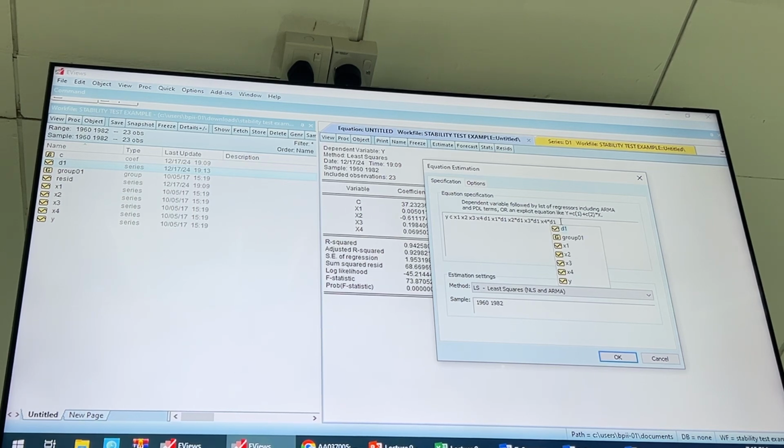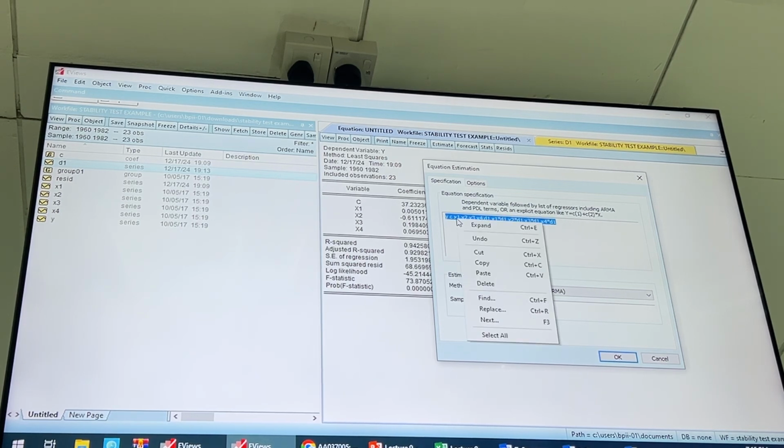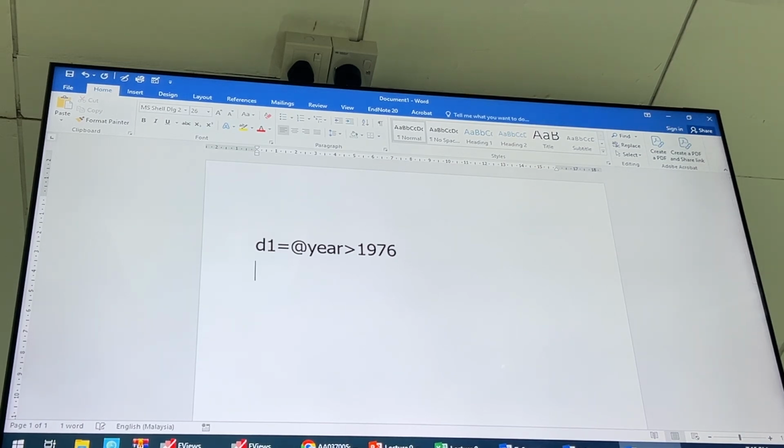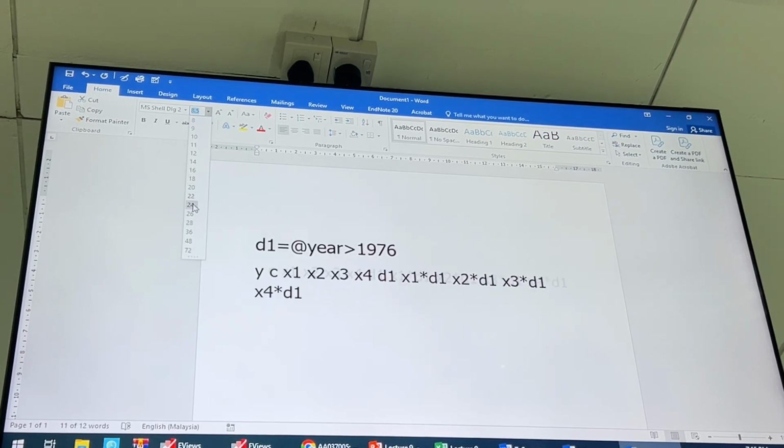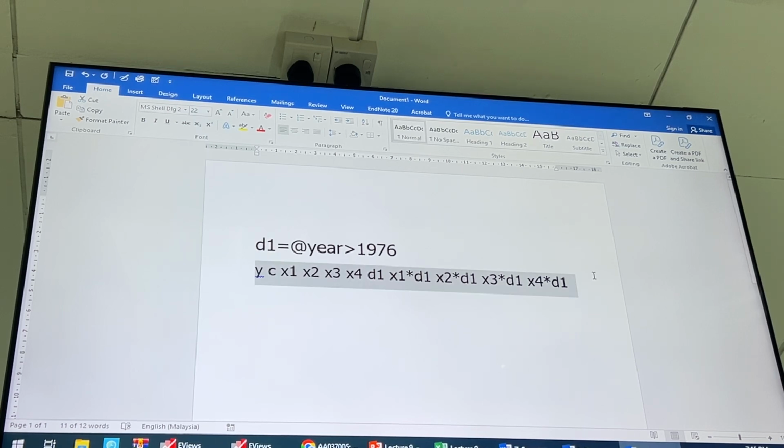So you add d1 and then the interactions: x1 star d1, x2 star d1, x3 star d1, x4 star d1. Okay.